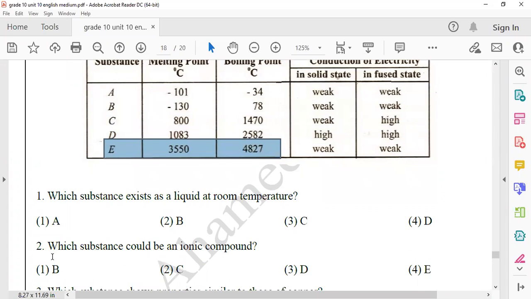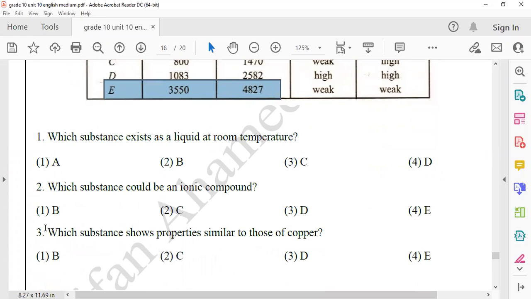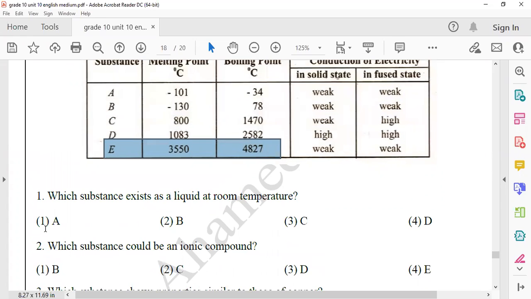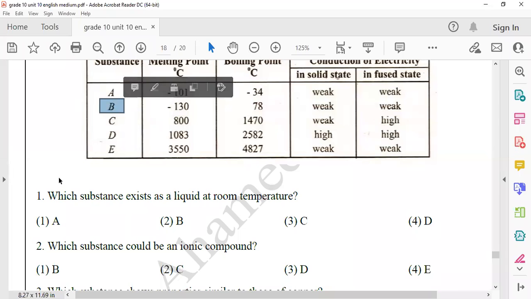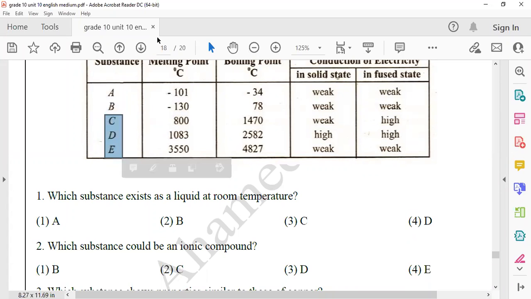Out of these, which one is a liquid? B. Second question, which of these can be an ionic compound? Can an ionic compound be a gas? No. Can it be a liquid? No. So an ionic compound should be a solid.